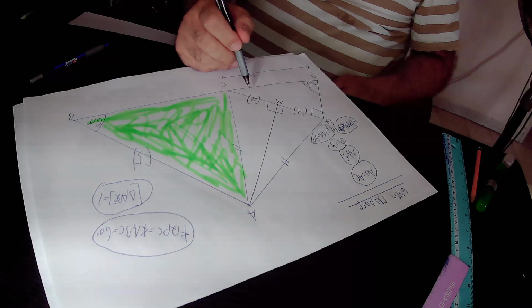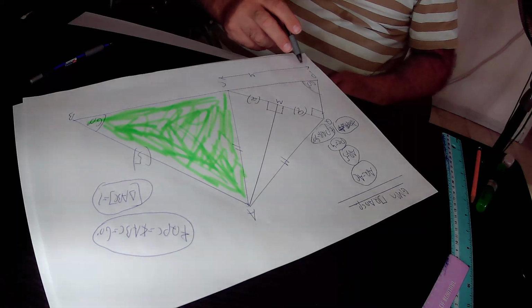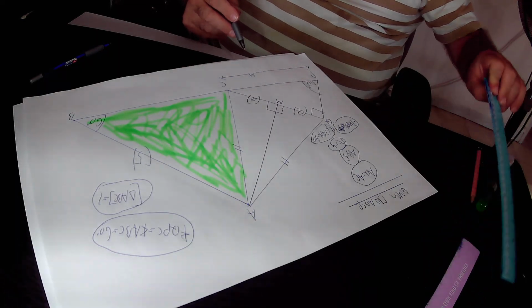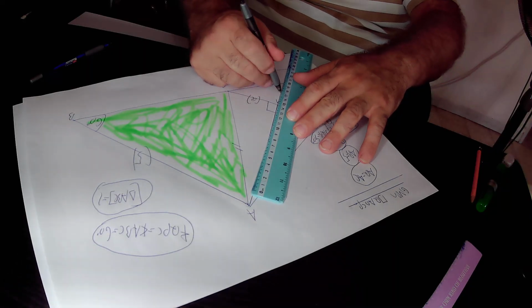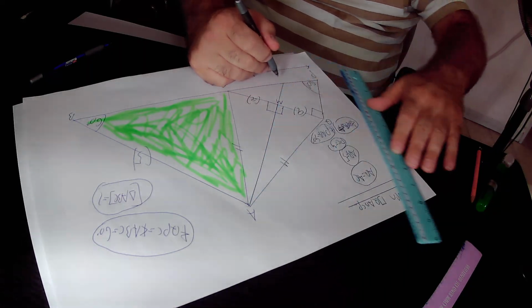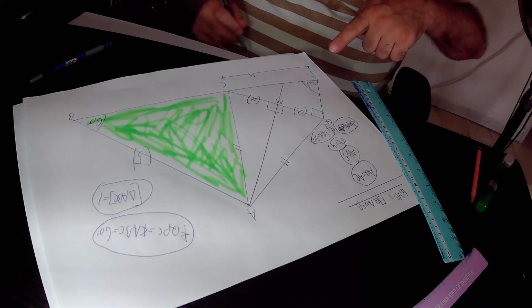In the next step, we will extend the perpendicular AM by a straight line until it touches side PC. And we define the touching point of the extended perpendicular AM with side PC.